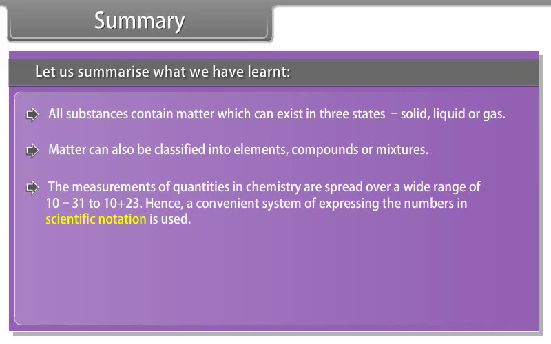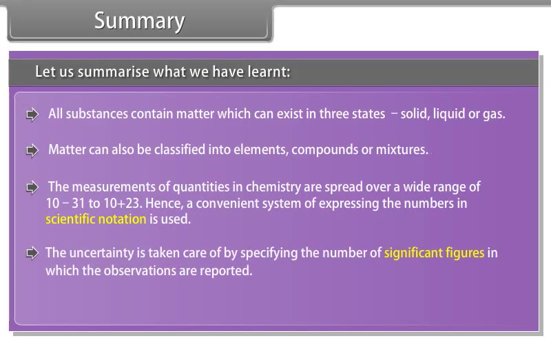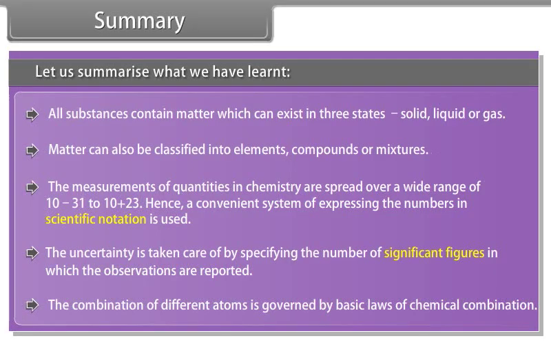Hence, a convenient system of expressing the number in scientific notation is used. The uncertainty is taken care of by specifying the number of significant figures in which the observations are reported. The combination of different atoms is governed by the basic laws of chemical combination.